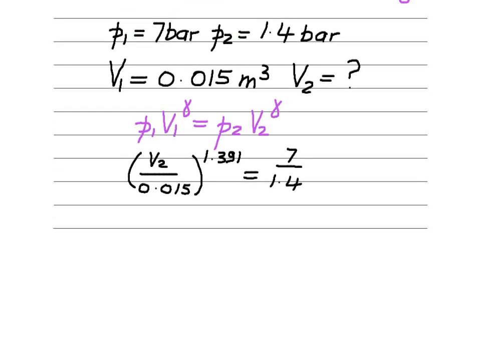This gives us a volume of V2 equal to 0.0477 cubic meters. Now this will be our first answer.